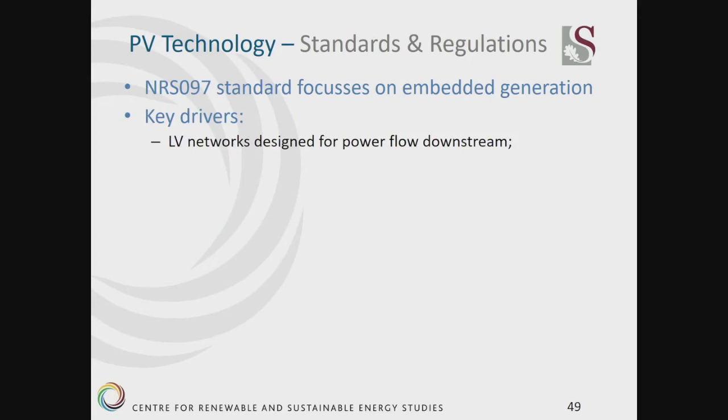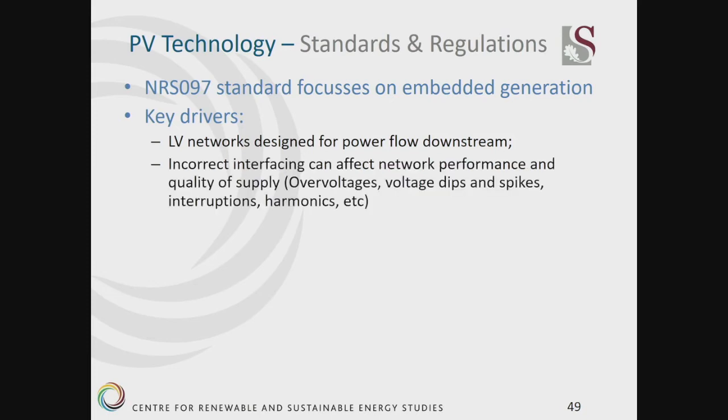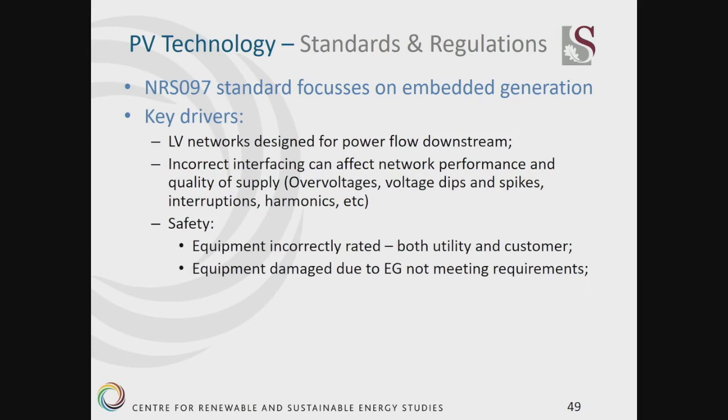When doing an installation, careful consideration needs to be given to the standards and regulations. Currently, we have the NRS 097 standard that focuses on embedded generation. And here the key drivers are low voltage networks designed for power flow downstream. Incorrect interfacing can affect network performance and the quality of supply.